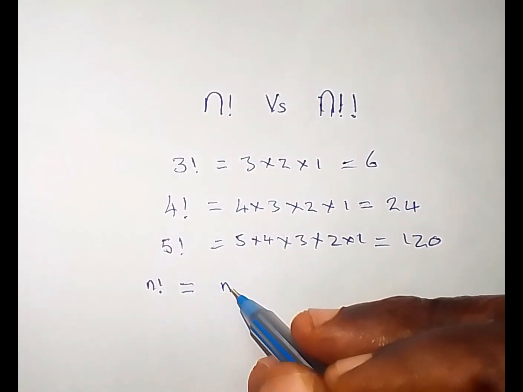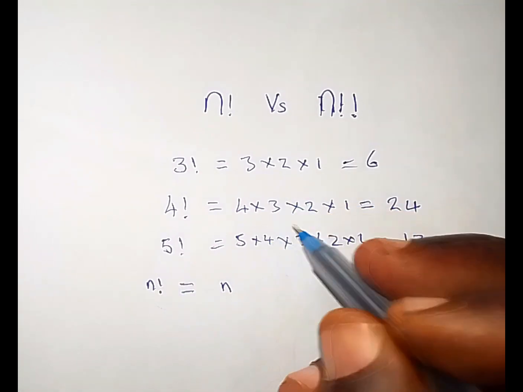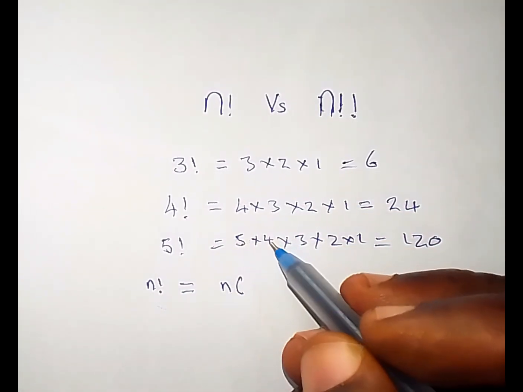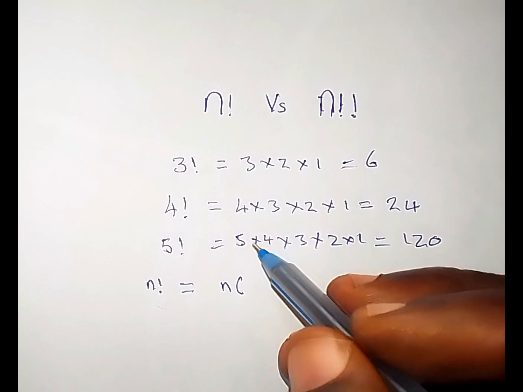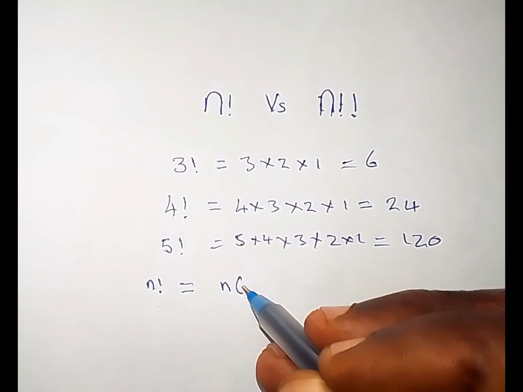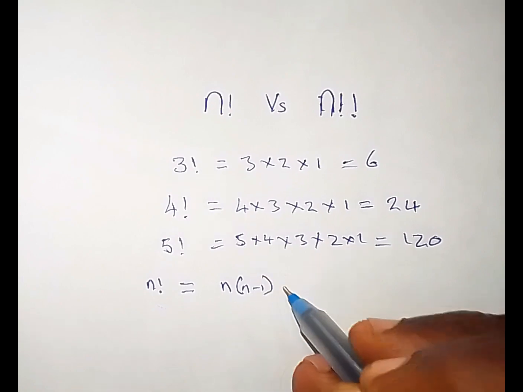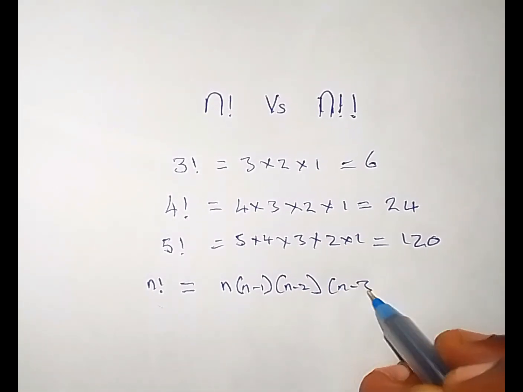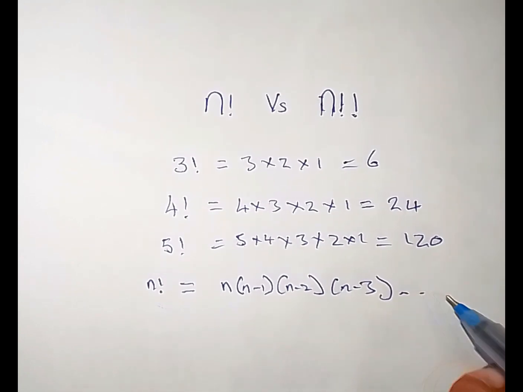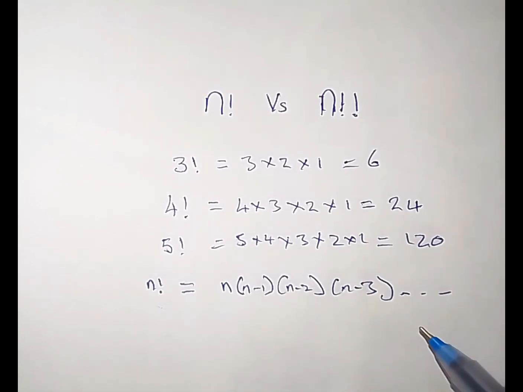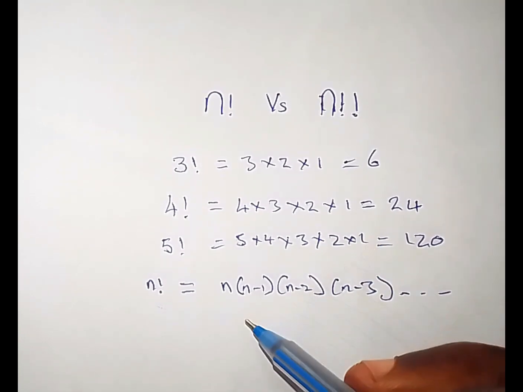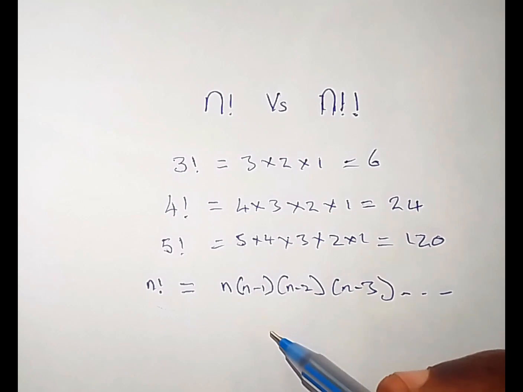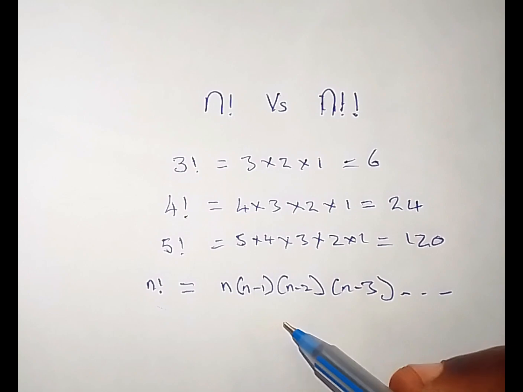So to represent this in a general form, it is going to be n, then for 5, the one that follows is 1 less, which is 4. That is going to be n minus 1, then n minus 2, n minus 3, and so on and so forth until the last number is equal to 1. So this is given as the general formula of factorial, n factorial.